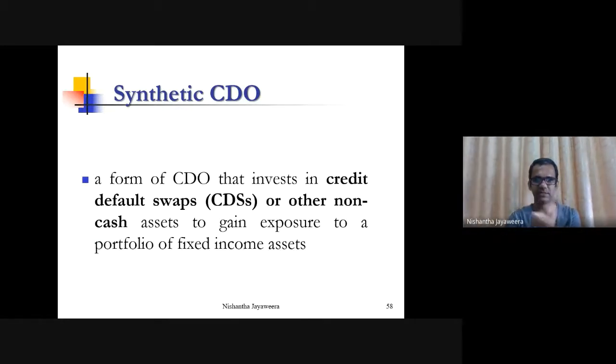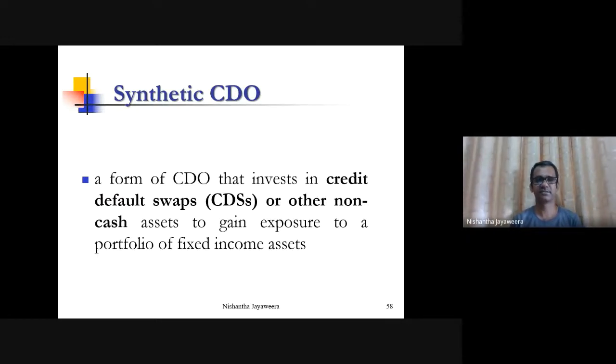So the next part is about synthetic CDO. This is again without having an actual credit risk portfolio. Through credit default swaps, you can synthetically create a CDO. That is what we call a synthetic CDO.